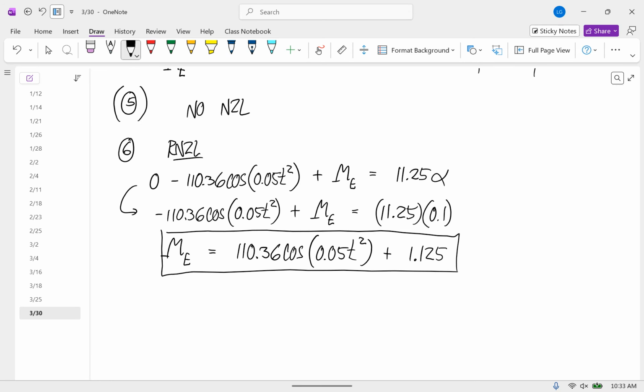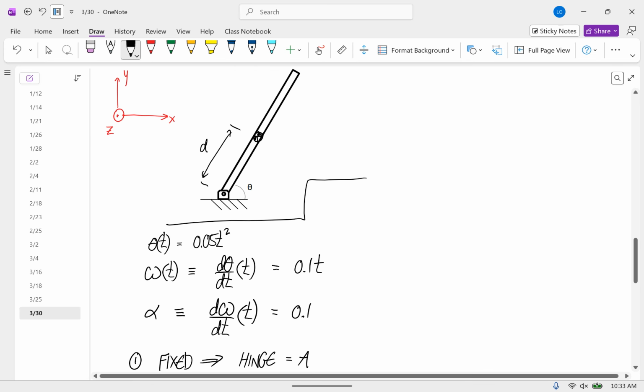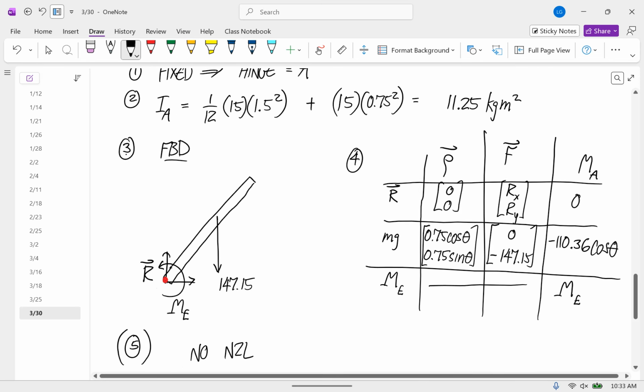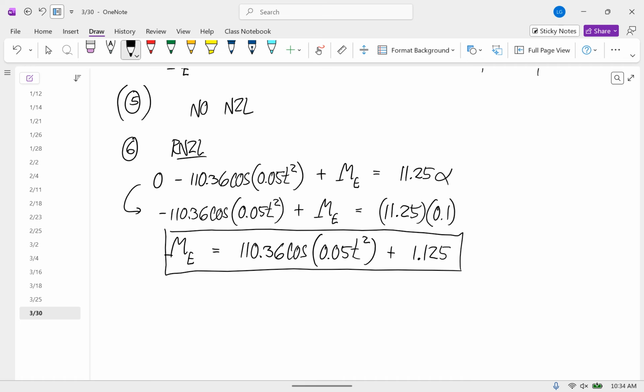Okay, so if you had some engineering application where you needed this beam to follow this angular position function, now you know that as time goes by, this is the couple your motor would have to apply. And you would use that to choose the voltage and whatever that you're applying to that motor.